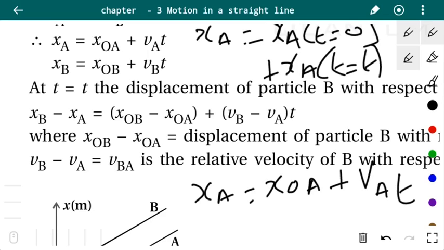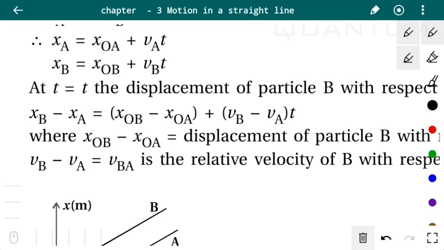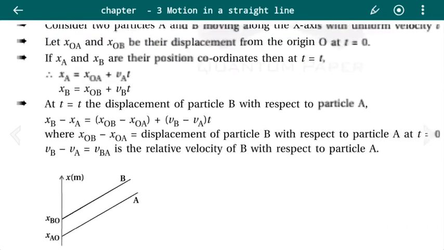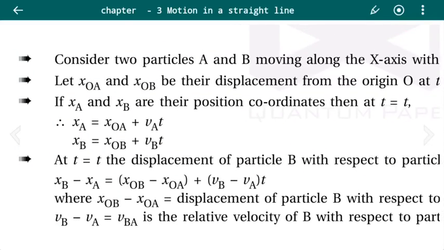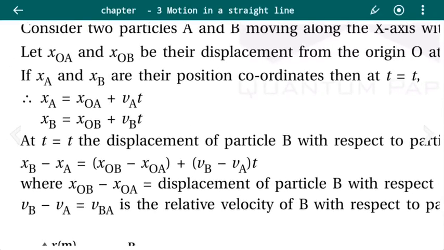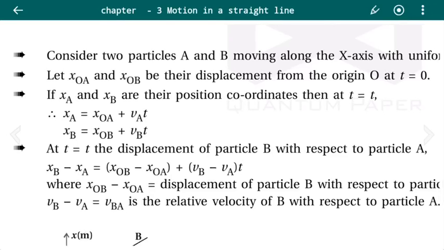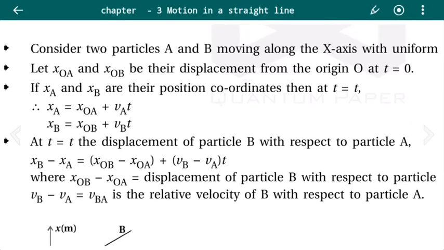Similarly, XB, the position of particle B, is equal to the position of particle B at time t equals 0 plus the displacement of particle B at time t equals t. So we got two equations, for particle A and particle B. At time t equals t, consider the displacement of particle B with respect to particle A, that means XB minus XA.